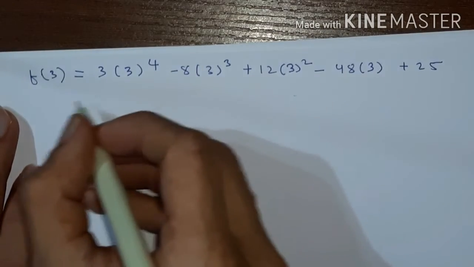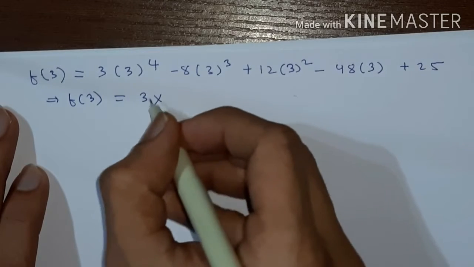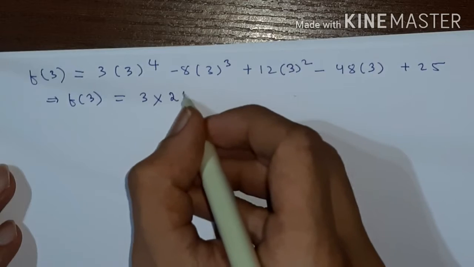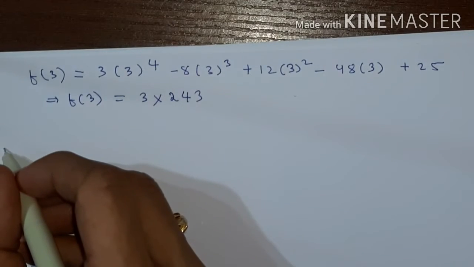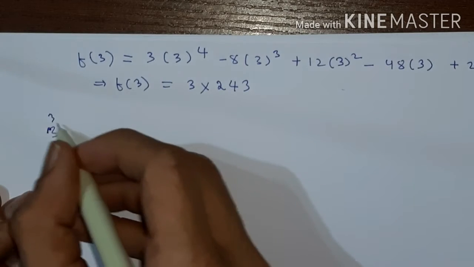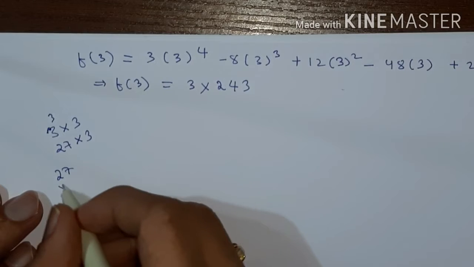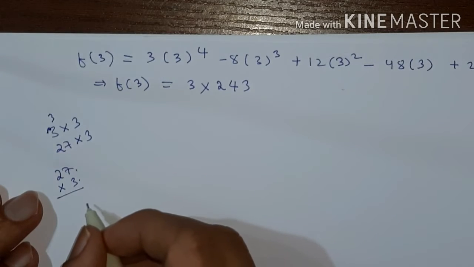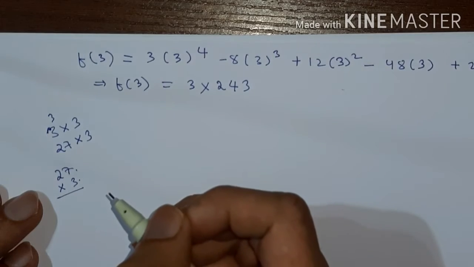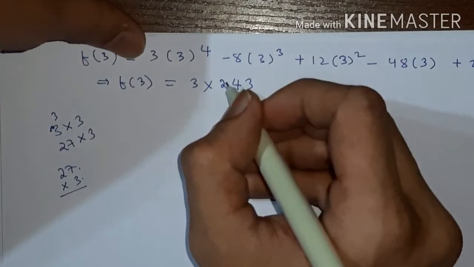Okay, so which is nothing but 3 times 3 raised to 4, which is 243. You can do it how? 3 cubed is 27, multiplied by 3, so that is 81, sorry, 3 raised to 4 is 81.